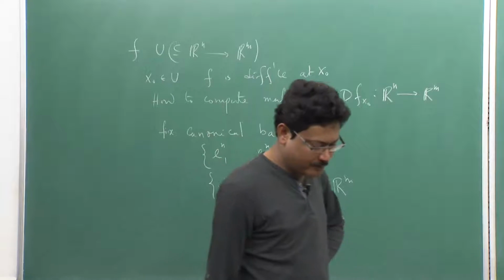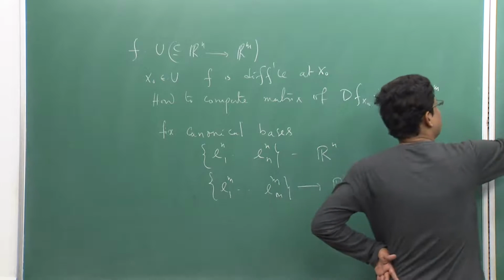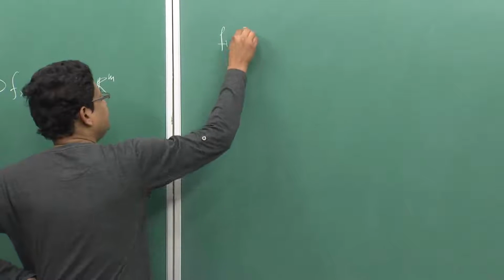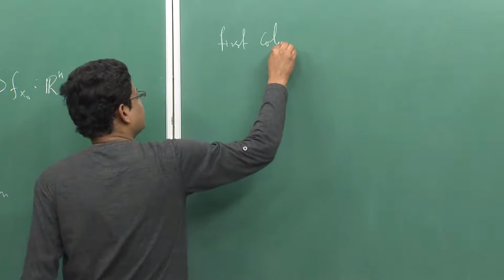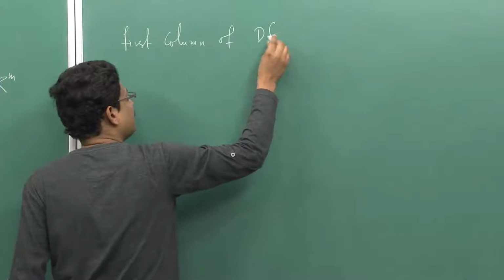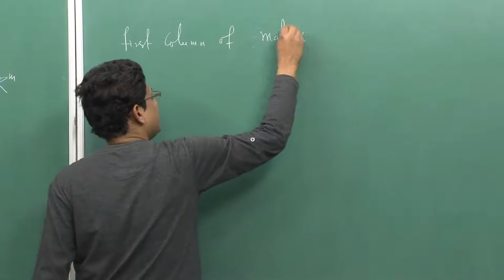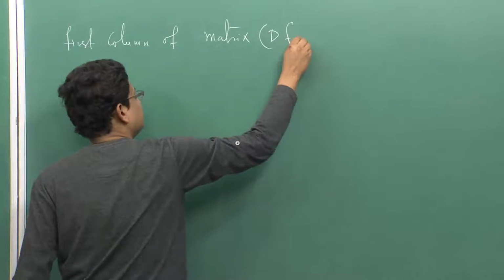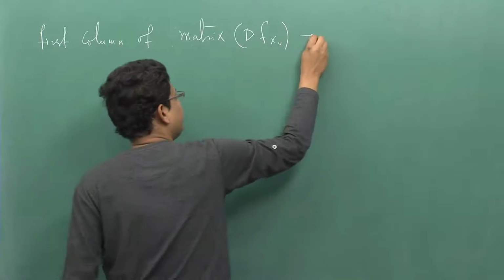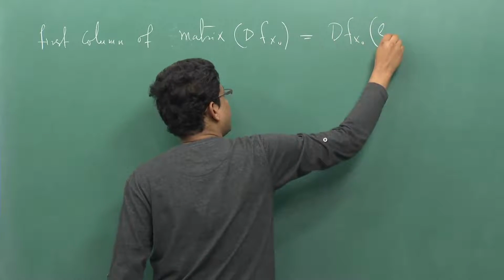With that, from the previous calculation we know the first column of the matrix of d f x naught will be d f x naught acting at e1 n.